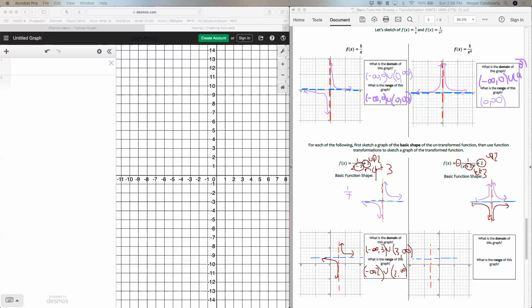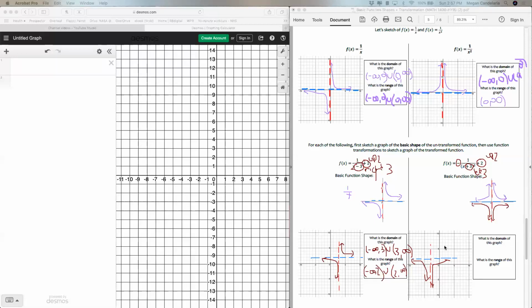Then I'm going to sketch my reflected graph, so I've got bottom right and bottom left. I'm going to sketch those on my new axes, my horizontal and vertical asymptotes. Man, my sketching's getting worse, I apologize. So there we go. There's our transformed function. Again, not perfect, but good enough that I think it'll help us with domain and range.